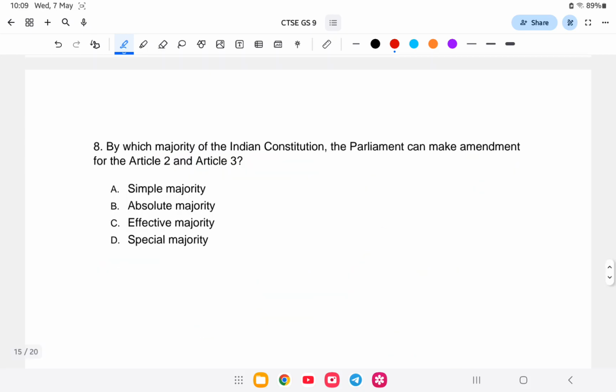Question number 8. By which majority of the Indian Constitution can the Parliament make amendment for Article 2 entry? So Article 2 gives the Indian Parliament the power to admit new states.